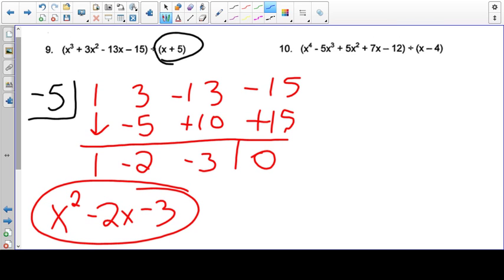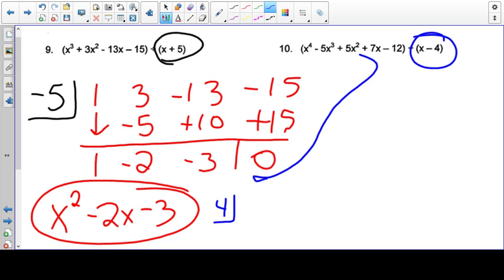Again, number 10, I think I wrote number 9 a little bit too big, so I'm going to write it down here. So I'm going to divide by 4 because it's the opposite of that negative. And I have my coefficients of 1, negative 5, 5, 7, and negative 12.